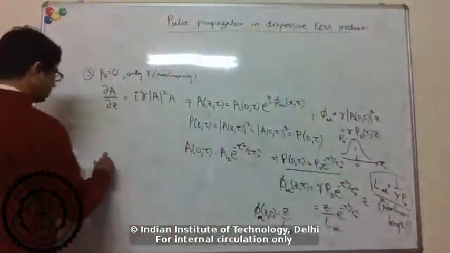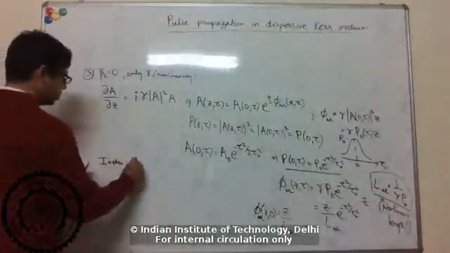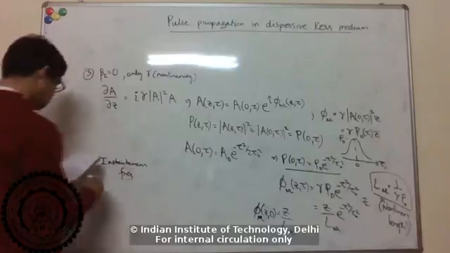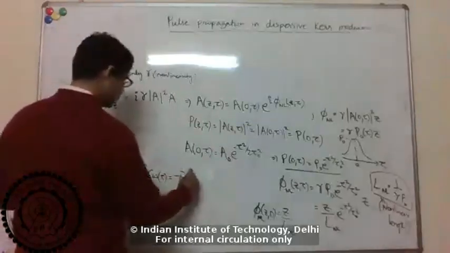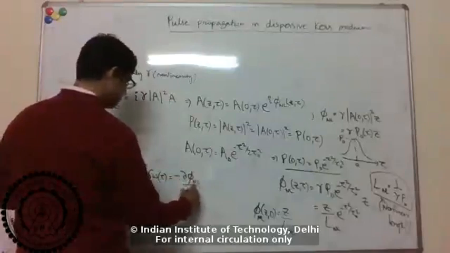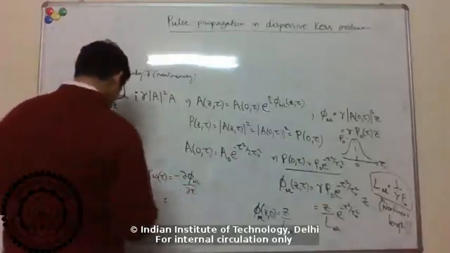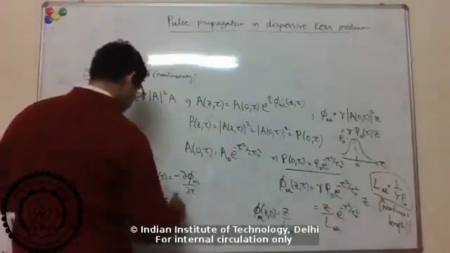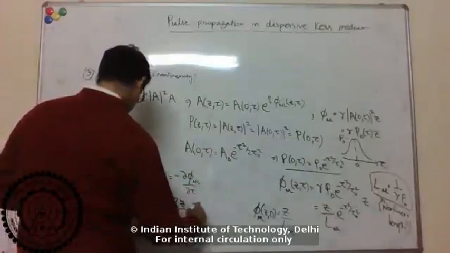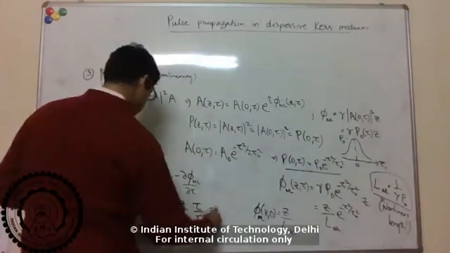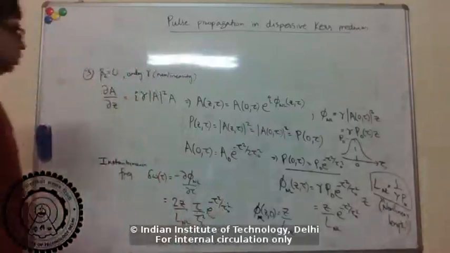Again, we can define an instantaneous frequency because we have a time dependent phase. So again, delta omega of tau is defined as minus del phi by del tau, where phi is now the nonlinear phase. Okay.